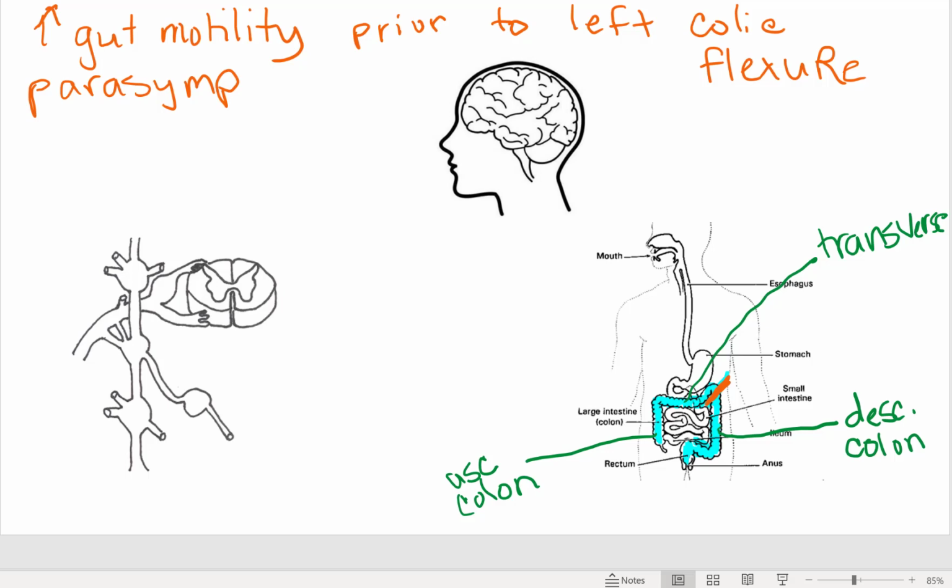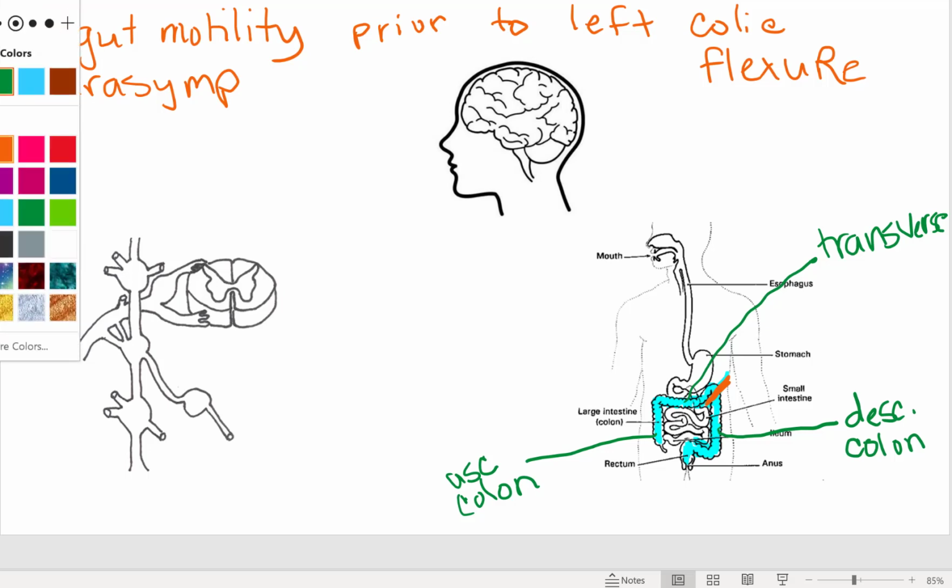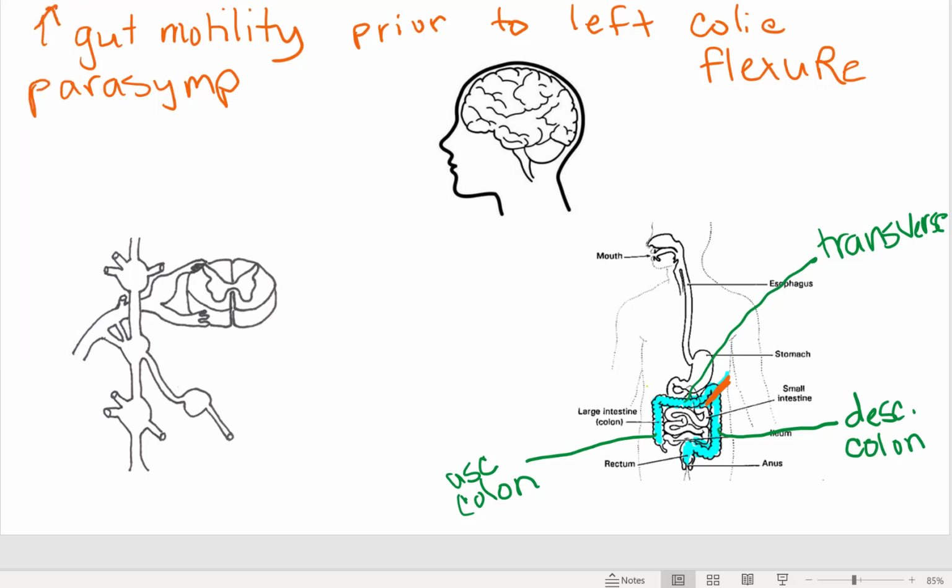This structure over here, that I'm drawing in yellow, that's the right colic flexure. So right colic flexure and left colic flexure.